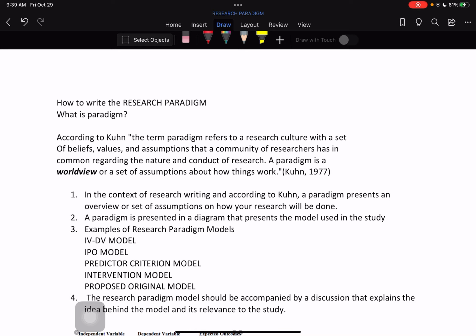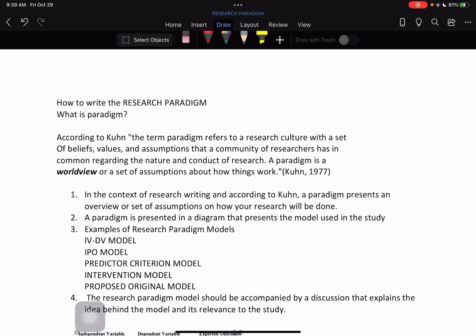Ito ay yung paniniwala ng research community kung papaano. Ito yung tanggap, accepted and well-known culture, research culture in a community kung papaano dapat i-conduct yung tinatawag nating study or research na ginagawa natin. So, a paradigm is a worldview or a set of assumptions about how things work. So, this is according to Kahn 1977.